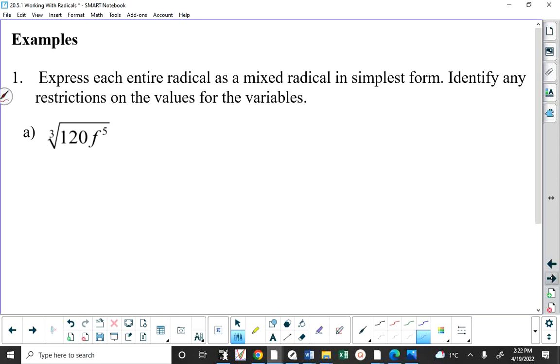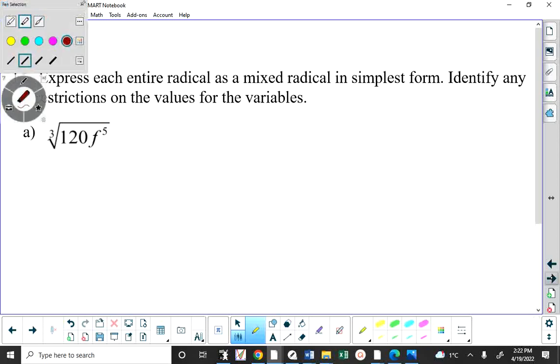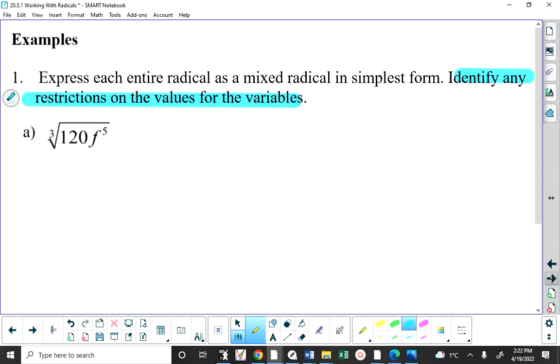And then we're also asked, and this is the part that is going to require a lot of thought on your part, are there any restrictions on the variables? See, a variable is a letter that you put numbers in for. And sometimes you're not allowed to put certain numbers in because the math doesn't work if you do. And we'll get to those in a bit. But let's simplify this first.